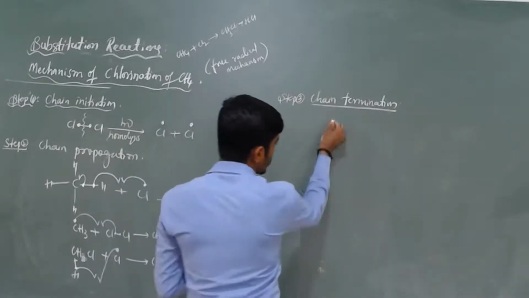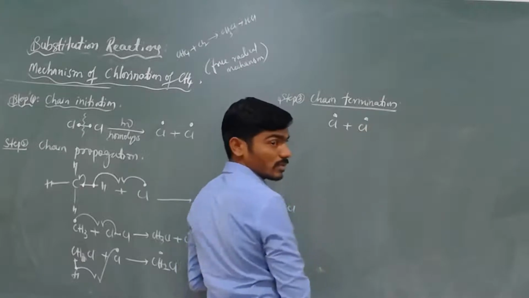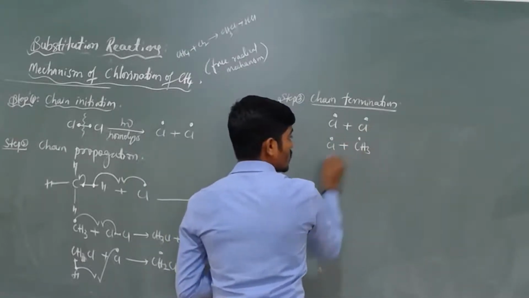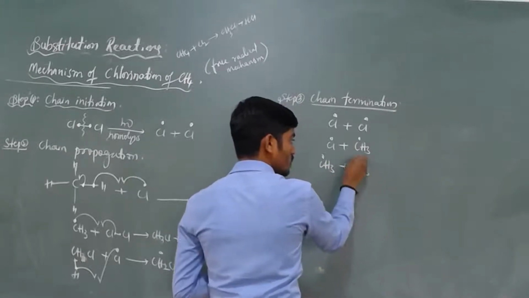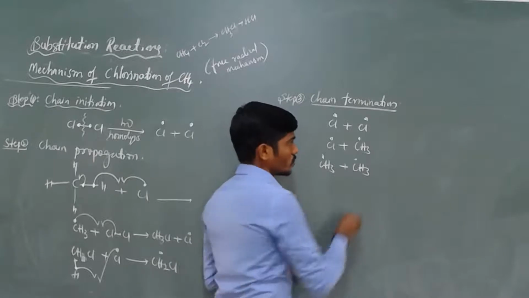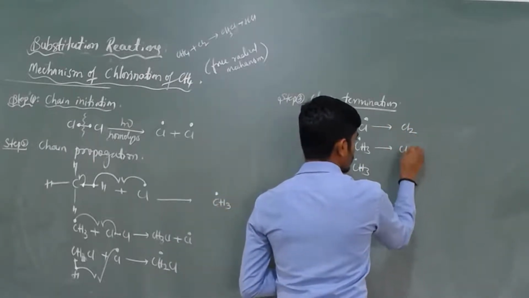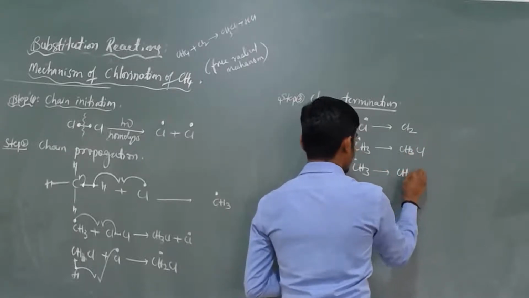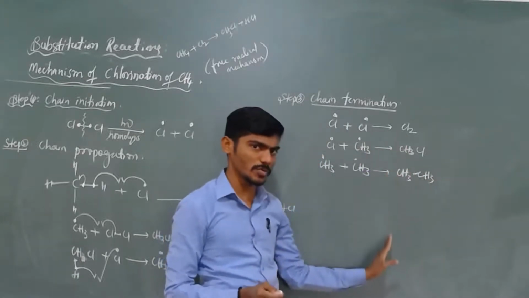What are the possibilities? A Cl radical may combine with another Cl radical, or with the CH3 radical. A CH3 radical may combine with another CH3 radical, or any other. So this gives Cl2, CH3Cl, and C2H6. Are there any other possibilities?